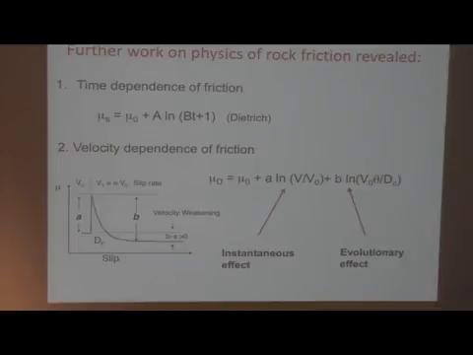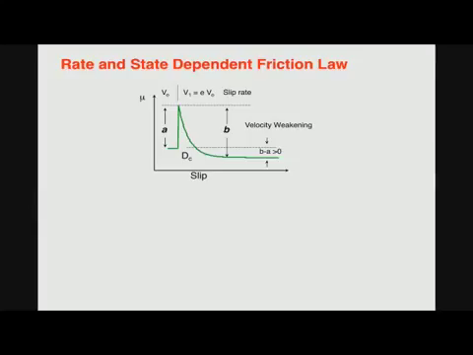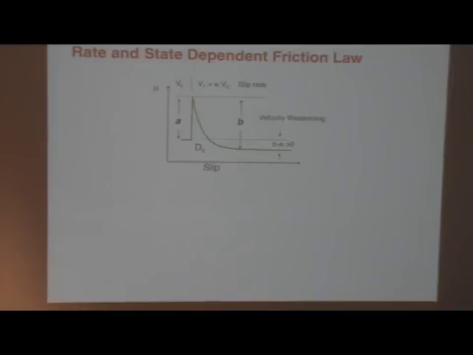It describes what the contacts look like, what those asperities look like. And what I'm getting to is rate and state friction. You also need an expression for how that state variable evolves over time.